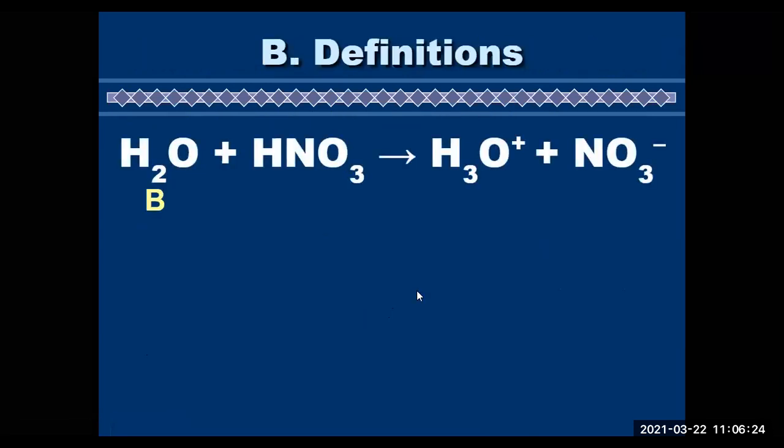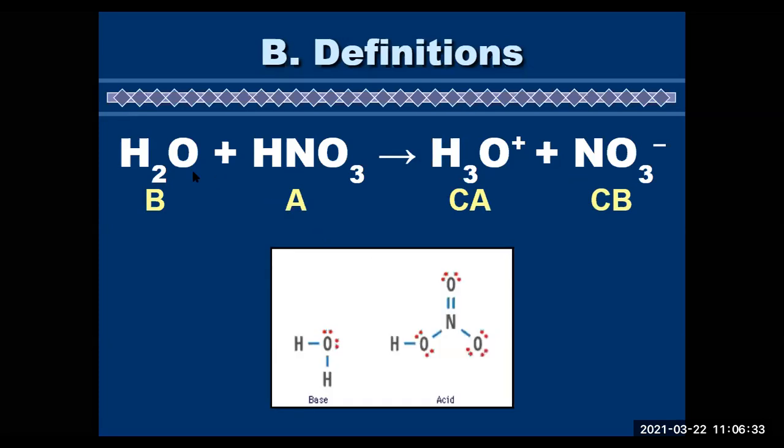So for example, if this is a base, this is an acid, you can see from there, the HNO3 donates a proton to H2O, so this is your acid, because this hydrogen is now given to H2O and then forms H3O plus. That's a conjugate acid, and what is left behind on this acid is a conjugate base. And this is the diagram when you're asked to draw a diagram of such. So this is what you draw.